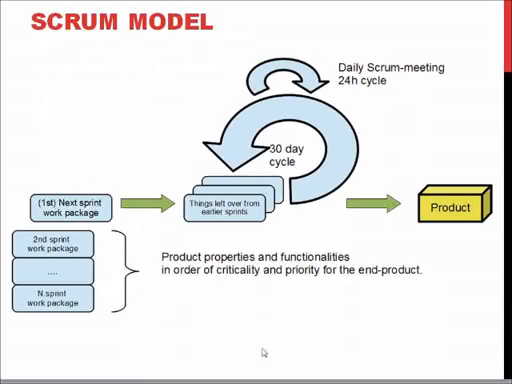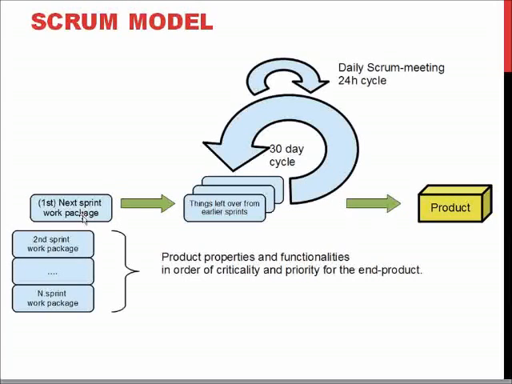So basically, our approach is this. We have the requirements in packages, which means that each package is something that can be done in one cycle of 2 to 4 weeks, or 1 month.